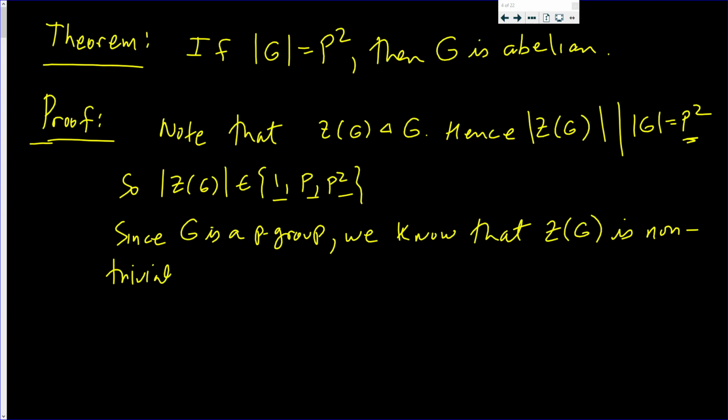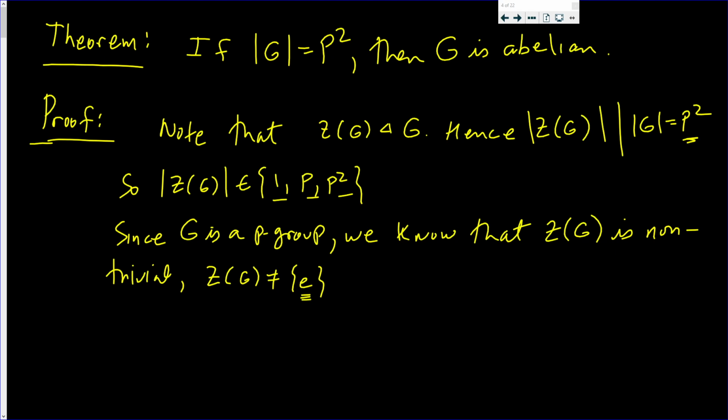That is, the center of G is not just the element E. For the record, the entry fee to get into the center is to commute with every element of G. And E clearly commutes with every element of G, so E is always in the center of G.